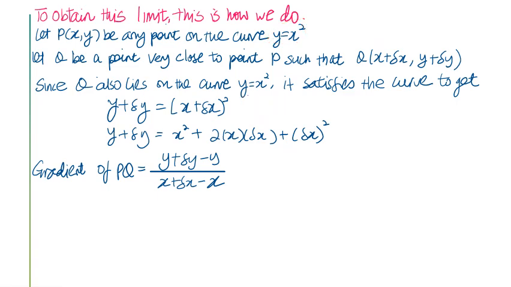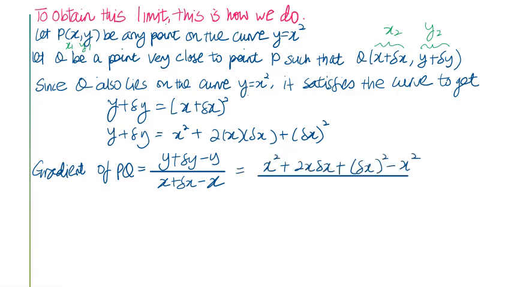So this is our x2, y2, and that is our y2. Wait, wrong. Point P is here. This is our x1, y1. So y2 minus y1 is how we get y plus delta y minus y, and then x2 minus x1 is how we get x plus delta x minus x. If you simplify it, you get delta y over delta x.